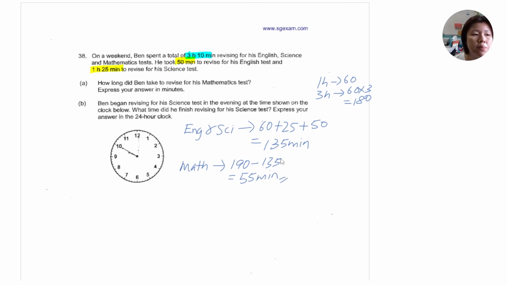Okay, so next Ben began revising his science test in evening at the time shown. The time here shows you 9:50 p.m. So what time did he finish revising for his science test?